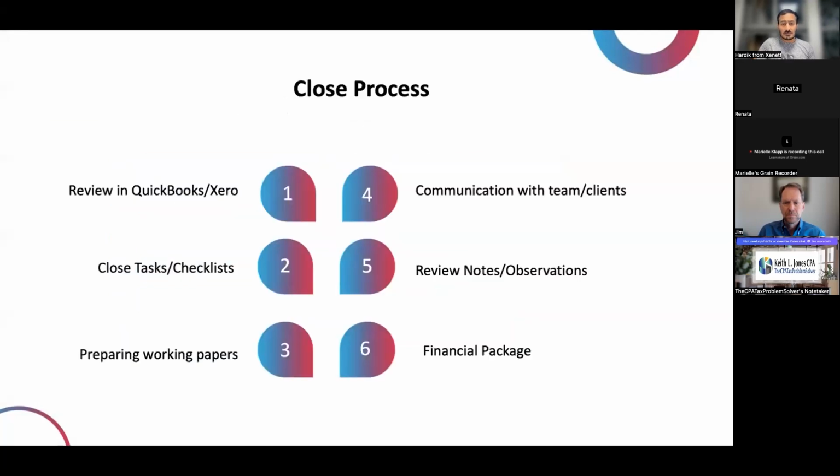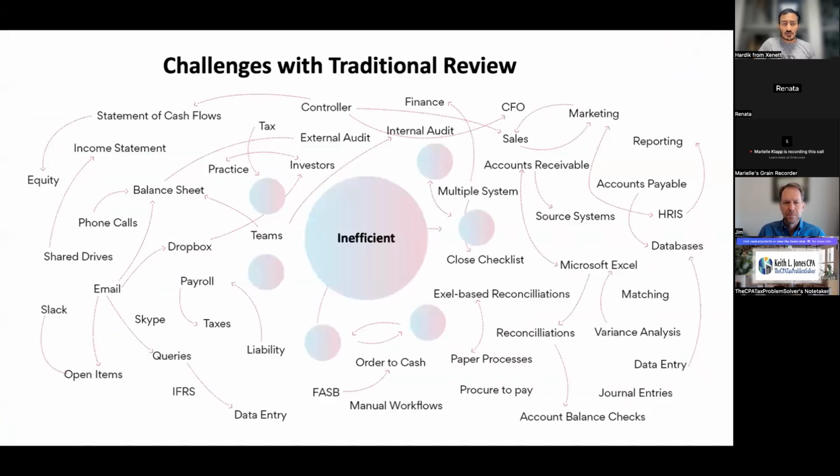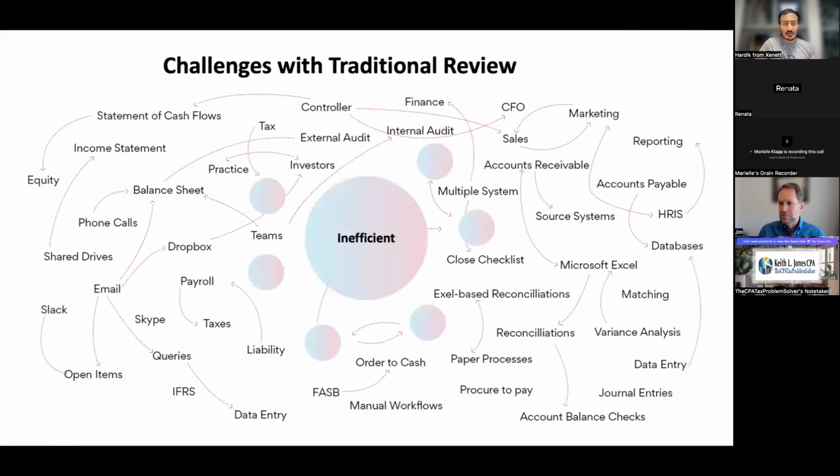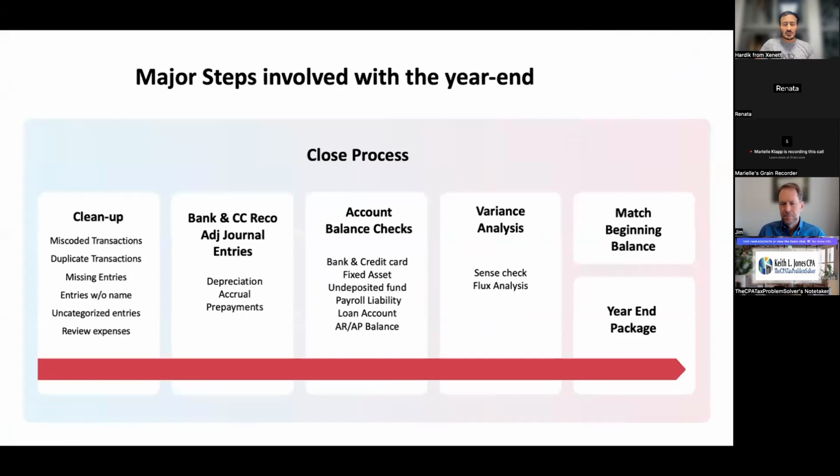Let me touch base real quick on what we covered in the last webinar. We covered how exactly to get started with the year-end process. We did some cleanup activities to start with. Cleanup activities as in, you've got certain transactions uncategorized, or some transactions which are miscoded, or some transactions that are duplicated.